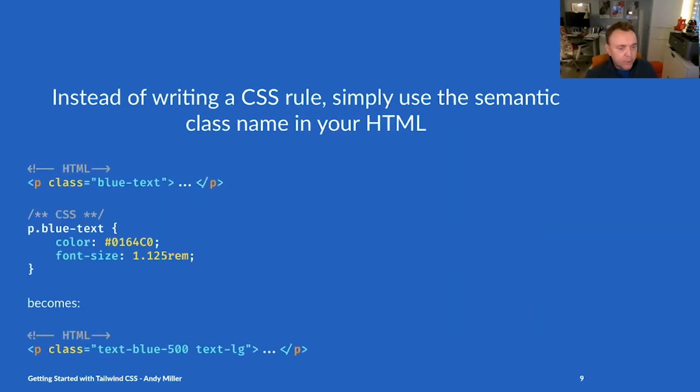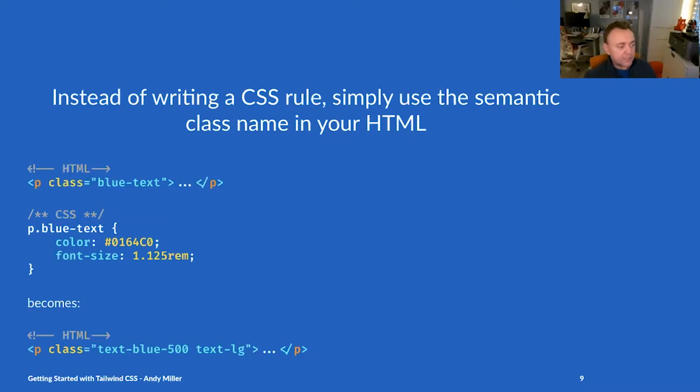So here's a really quick example of what we're talking about. In the first section, you can see just a real short snippet of HTML where you've got this paragraph tag and you've got this blue text class assigned to it. And then in your CSS file somewhere, you've got a blue text CSS rule where you're setting a color and a font size.